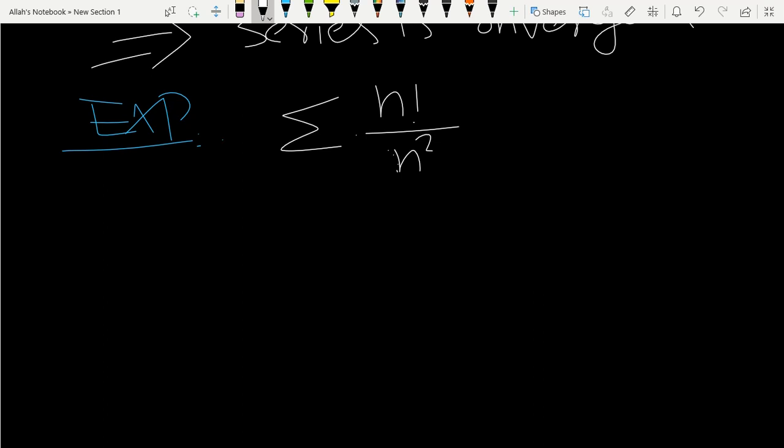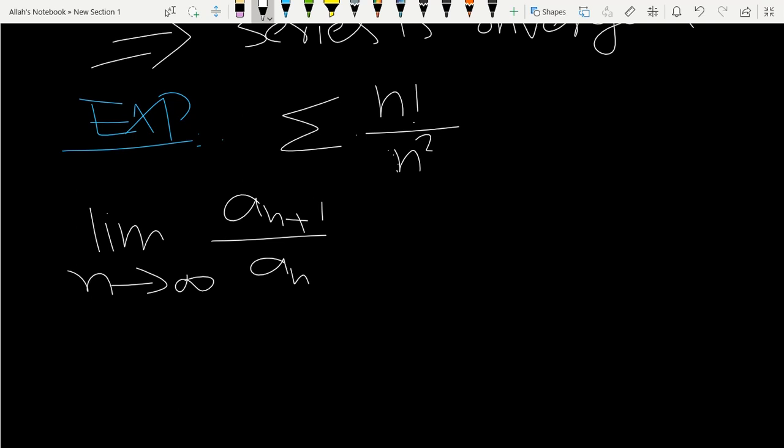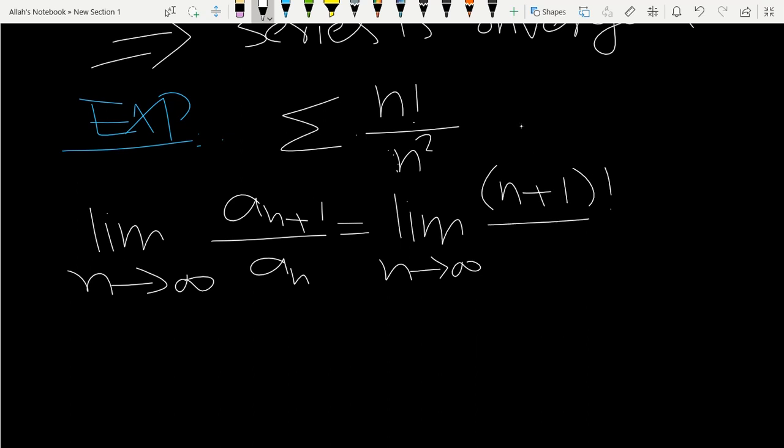Okay, here the limit as n approaches infinity of a_(n+1) divided by a_n is equal to the limit as n approaches infinity of (n+1) factorial divided by (n+1) squared, multiplied by n squared divided by n factorial.